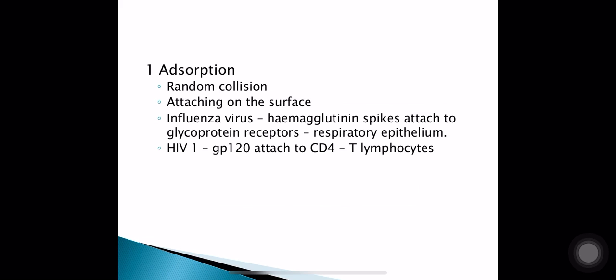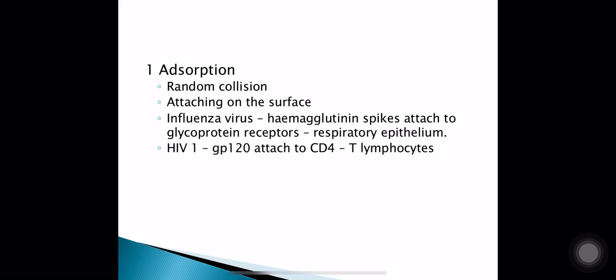For example, in the influenza virus, there are hemagglutination spikes. They attach on the surface of respiratory epithelium by binding with the glycoprotein receptors. So the influenza virus has hemagglutination spikes on its surface which bind with glycoprotein receptors of the respiratory epithelium.